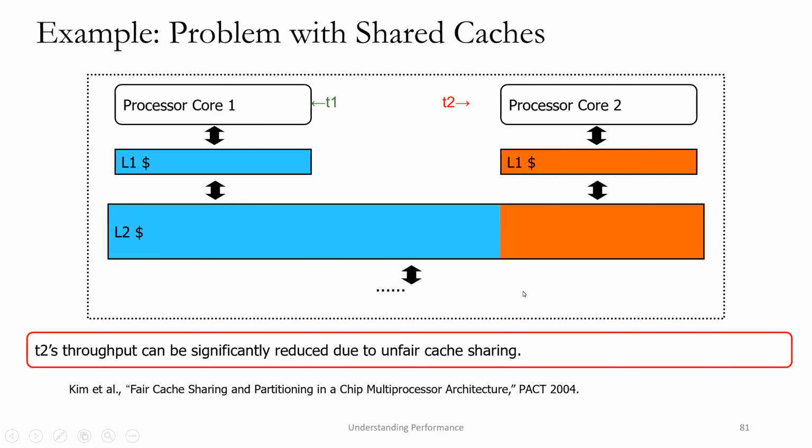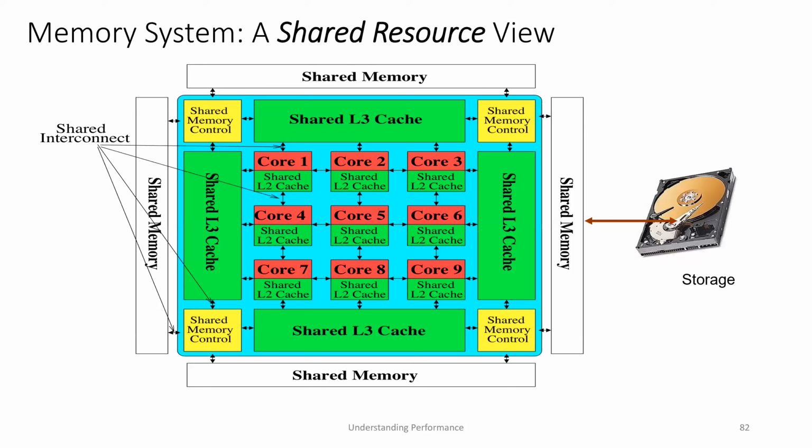Because of this, there will be cache sharing issues which will slow down most likely both T1 and T2. But if we somehow know that, okay, T2 is important and we give higher priority to it, meaning that we will not evict T2's blocks in the cache, then T1 will get affected very badly, right? So these fair usage issues will be there, right?